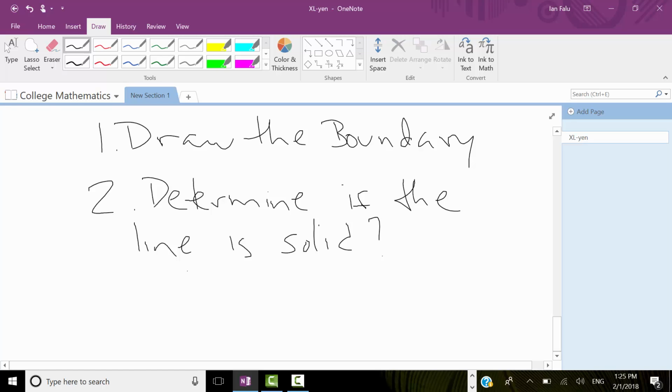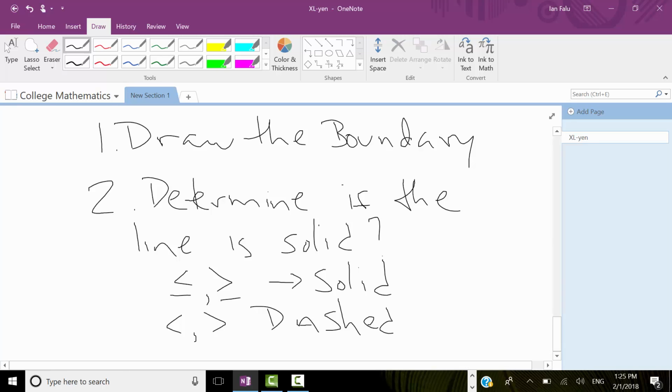So if it's less or equal or greater or equal, it's solid. If it's less or greater, it's dashed. Because the dash means that the points that are on the line are not included, right?